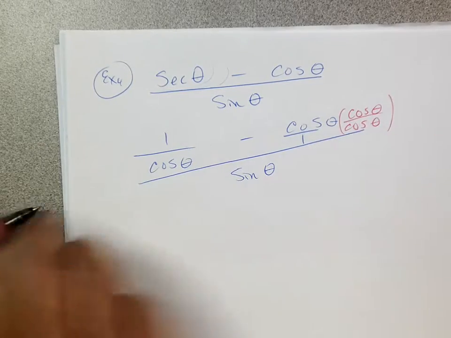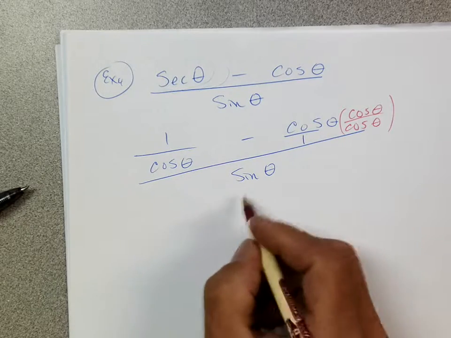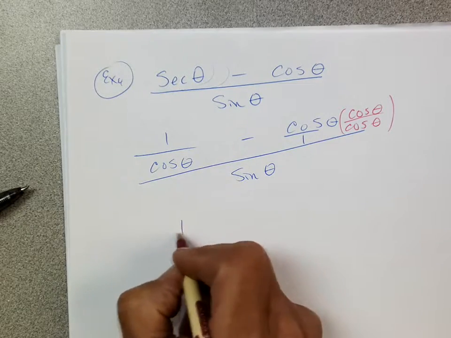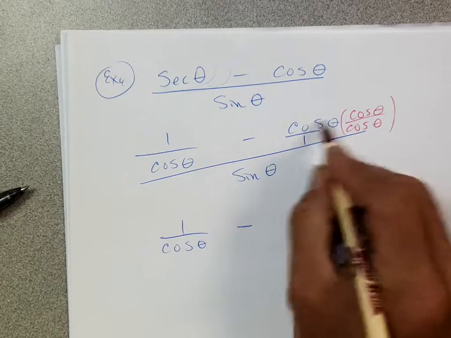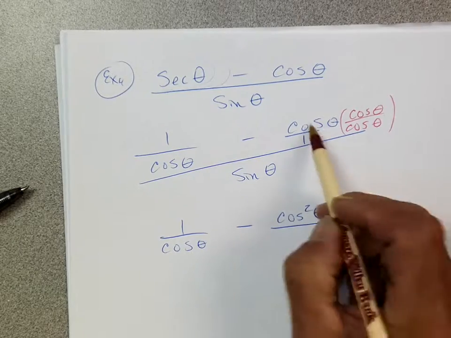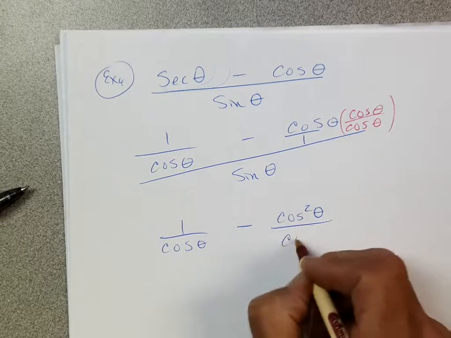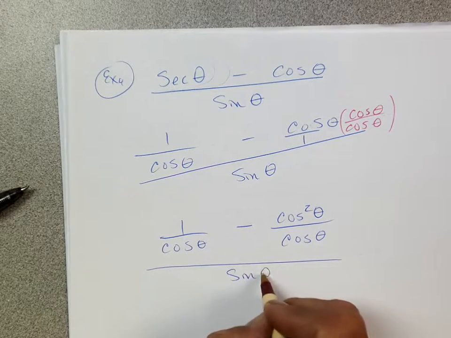So for this top part I'll have 1 over cosine theta minus, cosine times cosine is cosine squared theta, over my cosine, all over my sine theta.